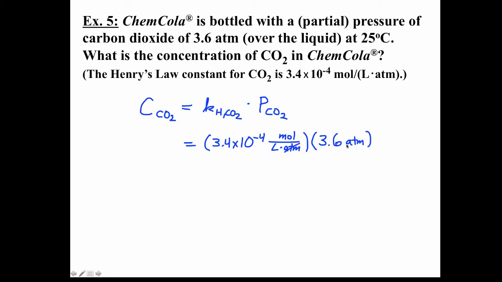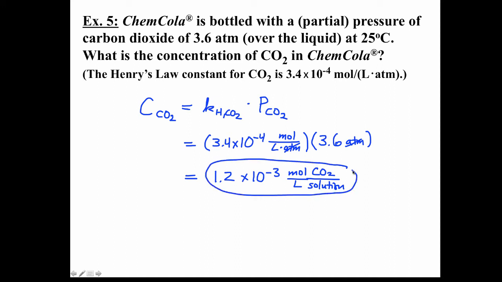and atmospheres will cancel, and when we multiply the two numbers together, we get 1.2 times 10 to the minus third, units of moles per liter. And if you want to be specific, it's moles of CO2 per liter of solution, which in this case is, of course, Chem Cola.